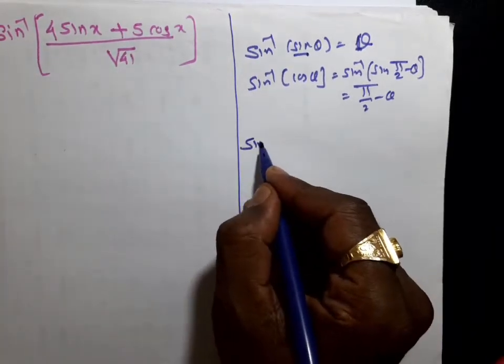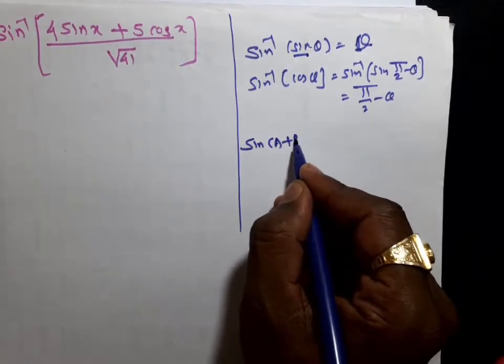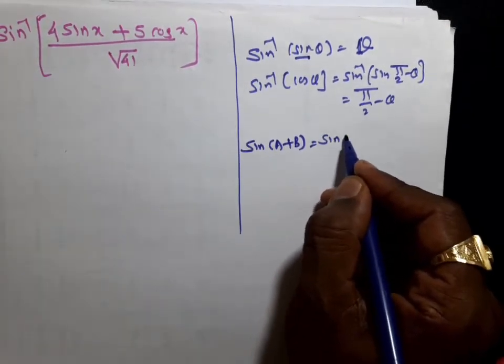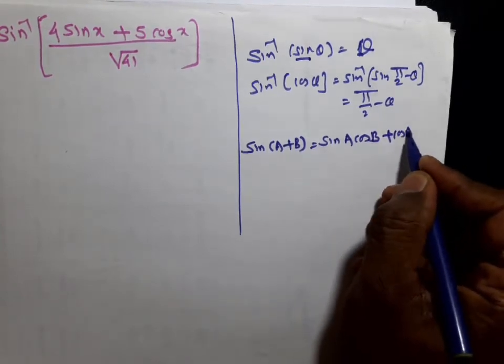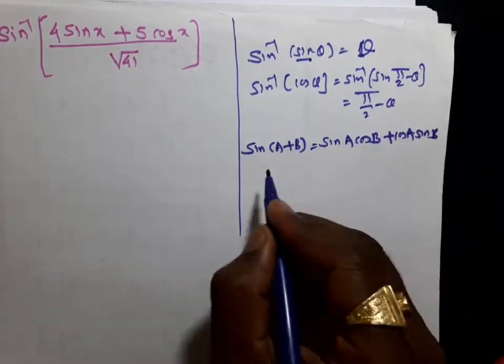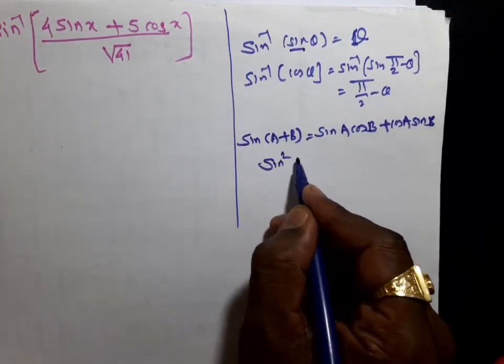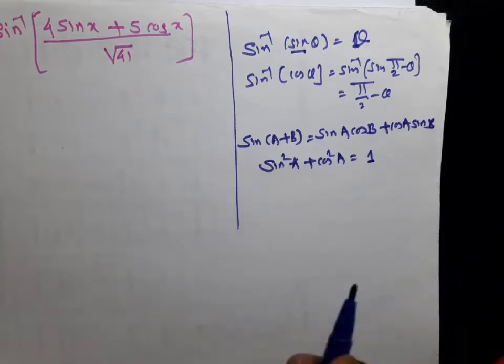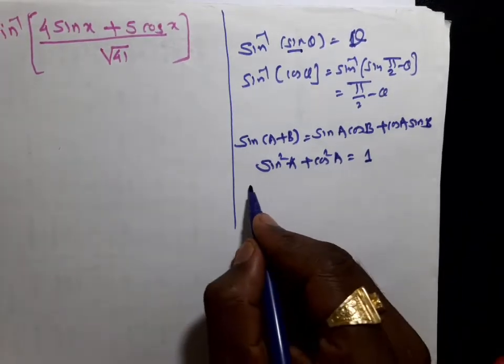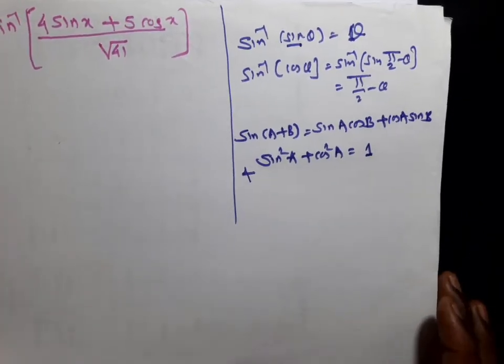So here we are going to use the formula sin(A plus B) is sin A cos B plus cos A sin B, provided sin square A plus cos square A is equal to 1. Similarly, sin square B plus cos square B is also 1.